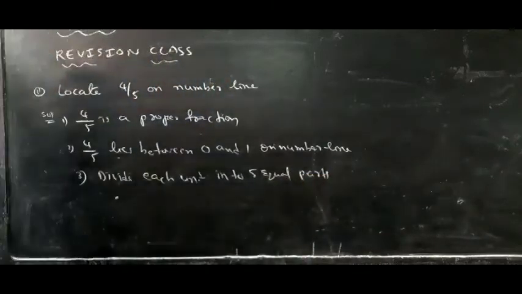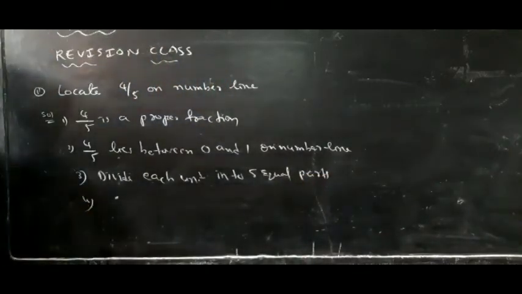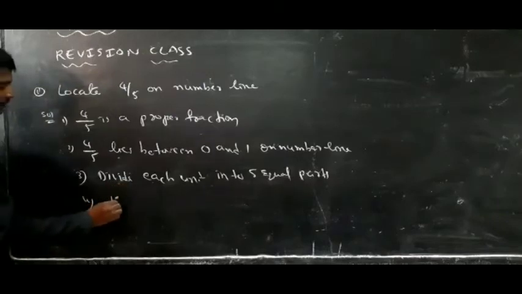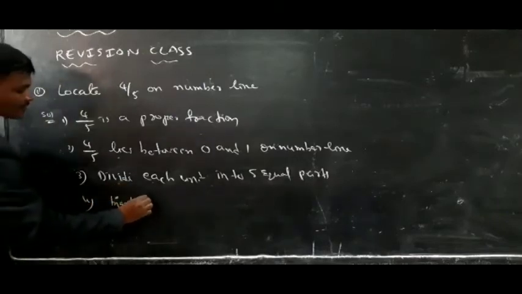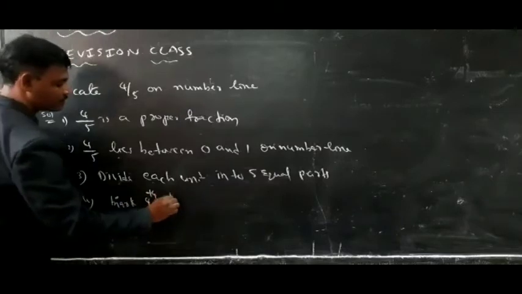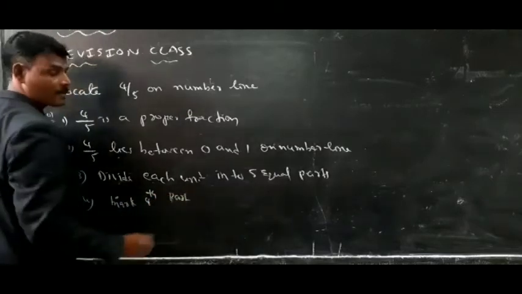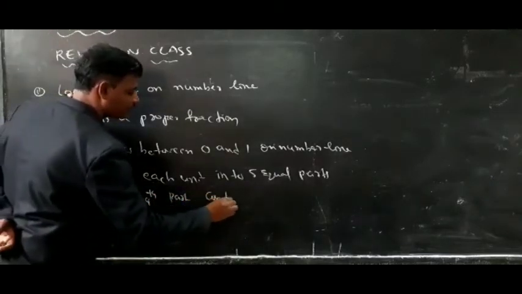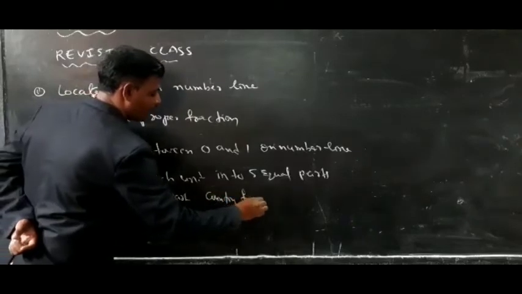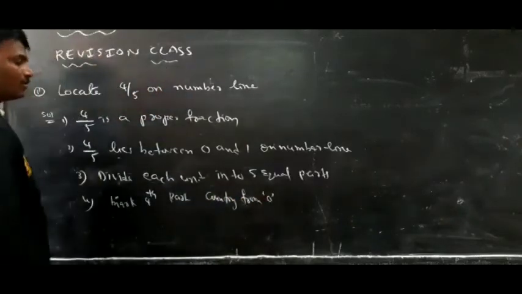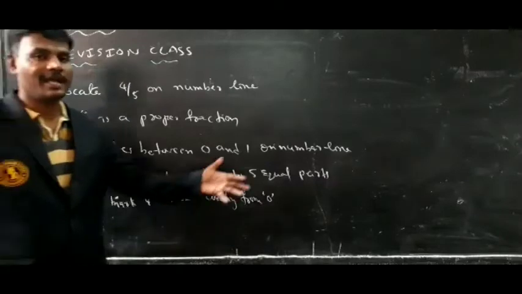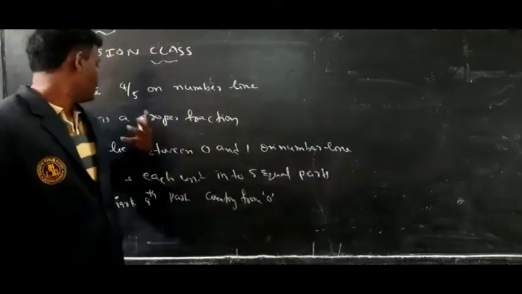Divide each unit into 5 equal parts. Fourth, mark the fourth part counting from 0. Counting from 0. Now this is the required location of 4 by 5.